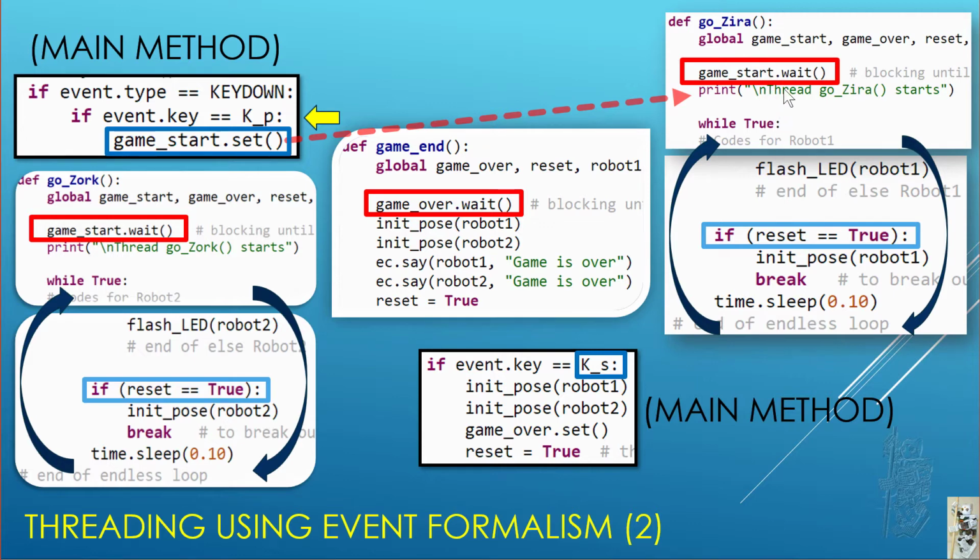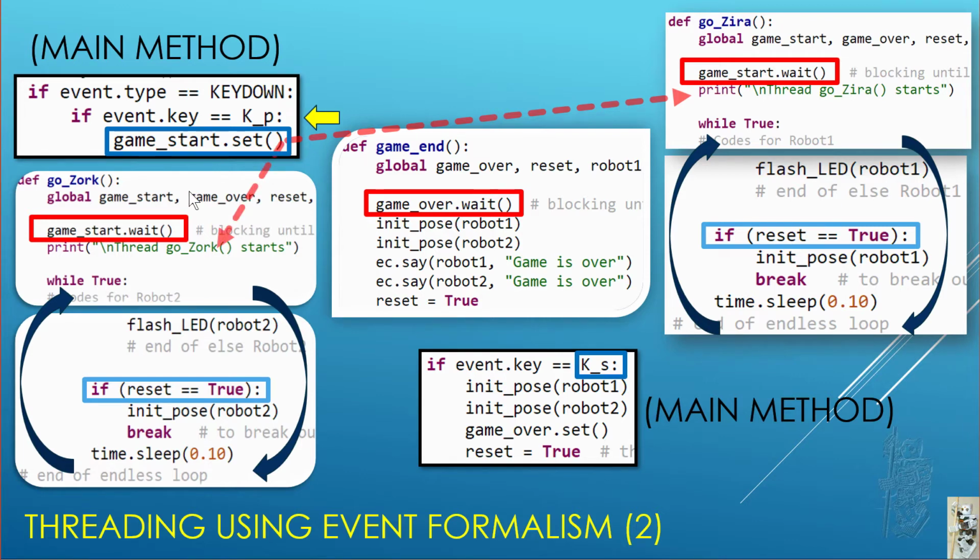Go 0 prints out go 0 start, and then enters a while true loop, an endless loop. It keeps on looping. Essentially 0 will walk at random and avoid obstacles along the way, and keep repeating that. There's no way to break it out, and we have to talk about the key event stop next.